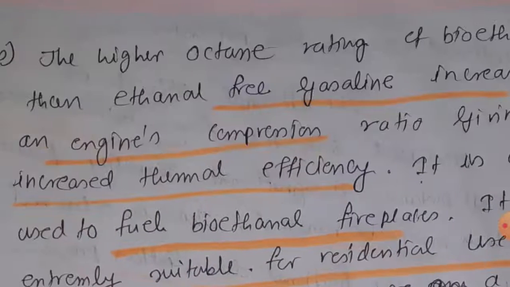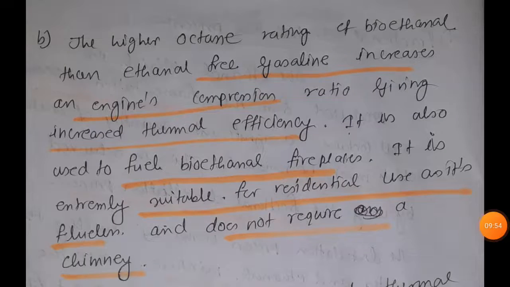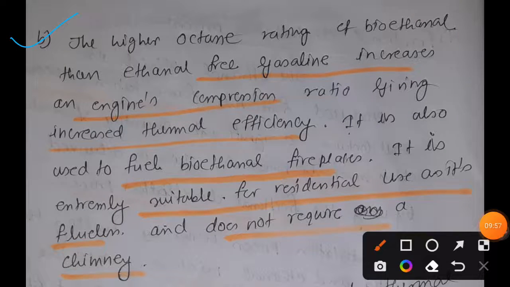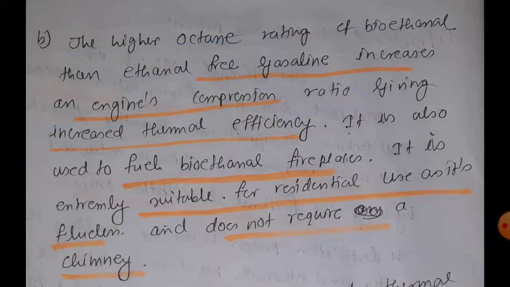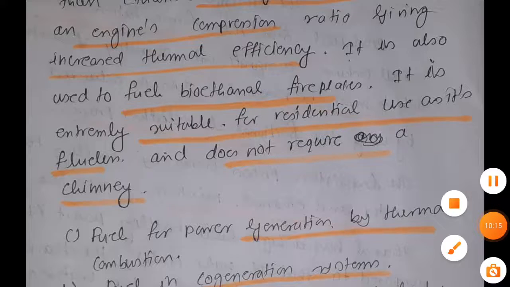Then the higher octane rating, this is very important, the higher octane rating of bioethanol compared to ethanol-free gasoline increases an engine's compression ratio, giving increased thermal efficiency. So the engine's compression ratio is increased due to the higher octane rating of bioethanol, and it is also used to fuel bioethanol fireplaces.